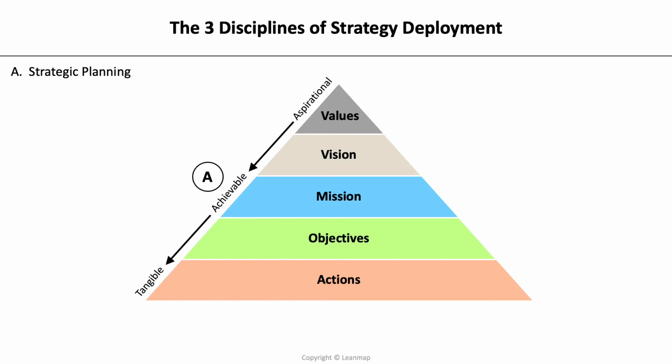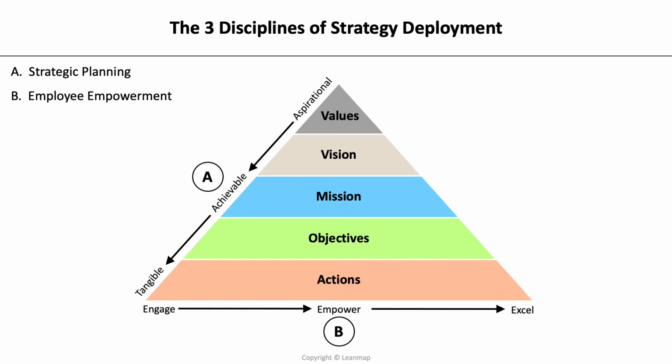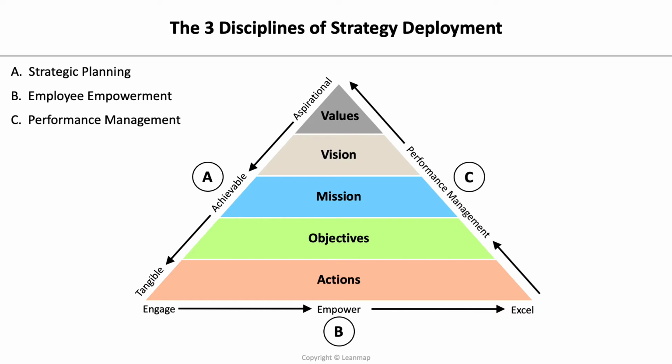That's part A. Part B, employee empowerment. Engage people and empowering them so they can excel. And part C, performance management. Plan, do, check, act to make sure things happen and a strategy is deployed.